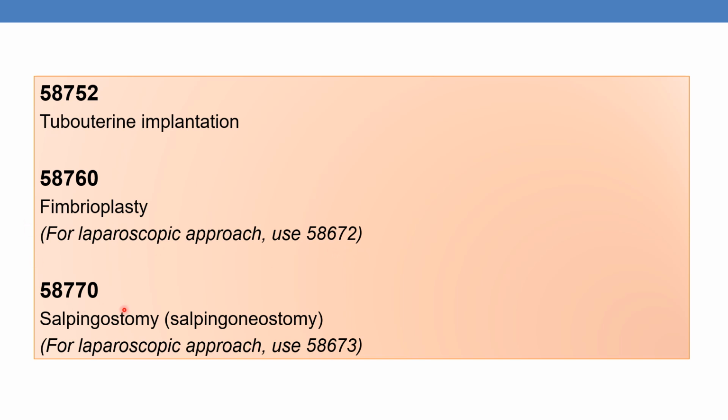The next CPT is 58770, salpingostomy or salpingoneostomy. Whenever an incision is made or opening is made into fallopian tubes, you need to report 58770. Whenever it is done with a laparoscopic approach, the CPT is 58673.